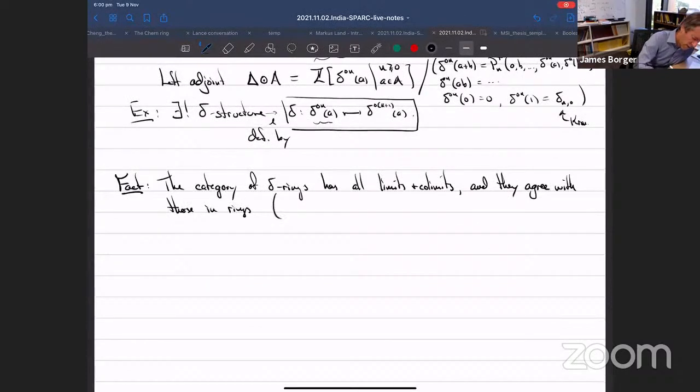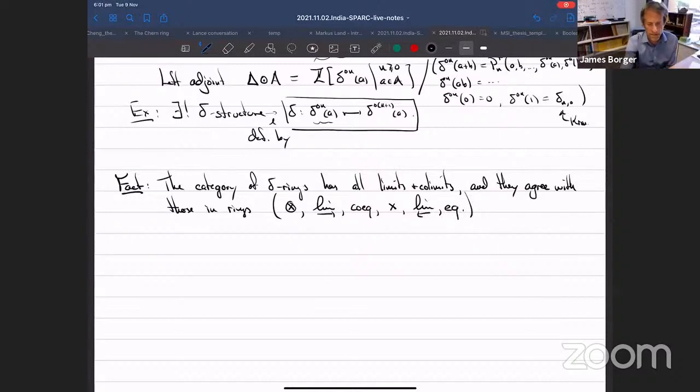So for instance, it has coproducts, which in rings are the tensor product. So the tensor product of delta rings is a delta ring canonically, and it has the same universal property. It has direct limits, it has co-equalizers, and in terms of the limits, it has products, including infinite products, also infinite tensor products. It has inverse limits and equalizers.